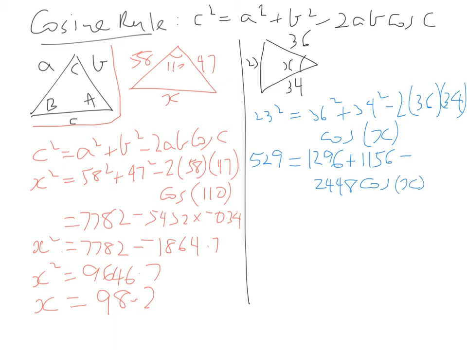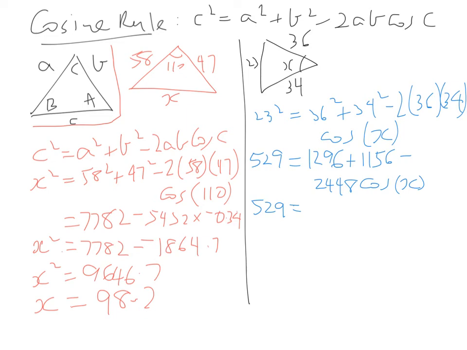So now we're going to do some maths. 529 equals 1296 plus 1156.